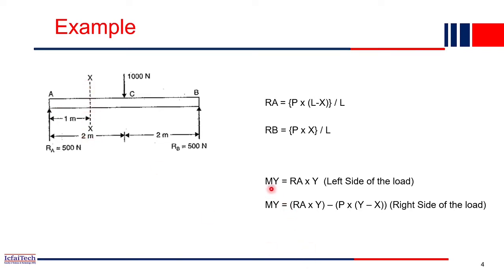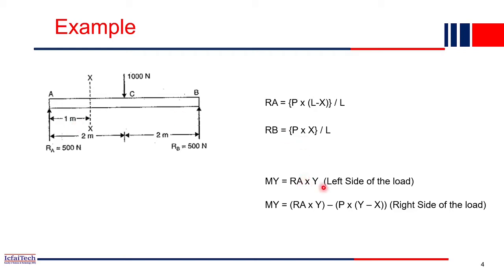So the moment at XX, which I denoted as M, equals Ra, this vertical reaction force, multiplied by this distance. If this distance is 1 meter, it will be Ra into 1. But if we don't know, or if it is a variable, we can denote it by another variable, y. Here it is 1 meter, but in other cases it may be different, so let's assume it is also a variable.